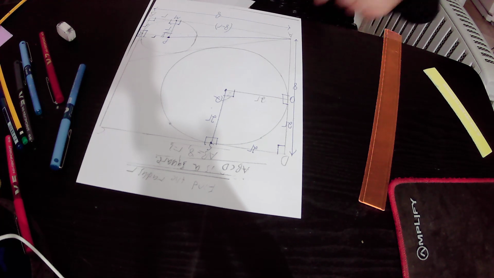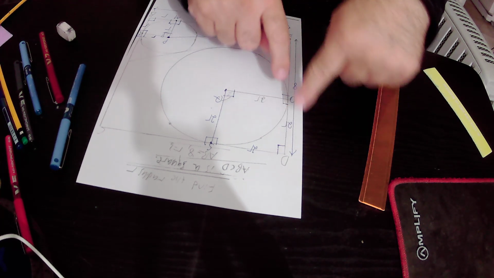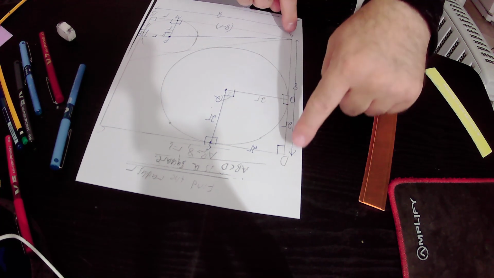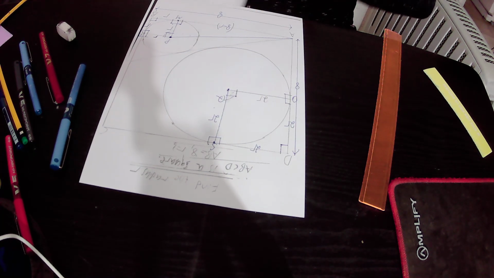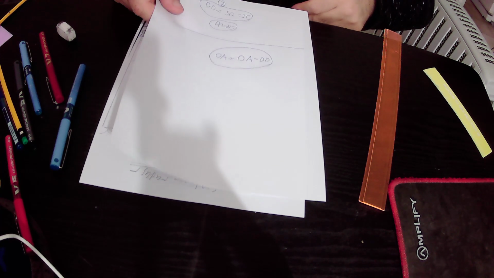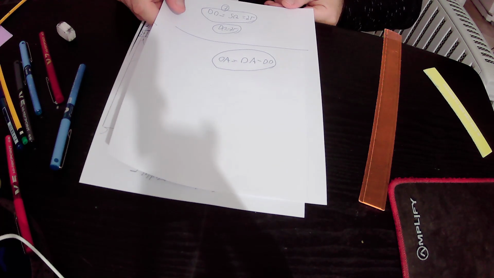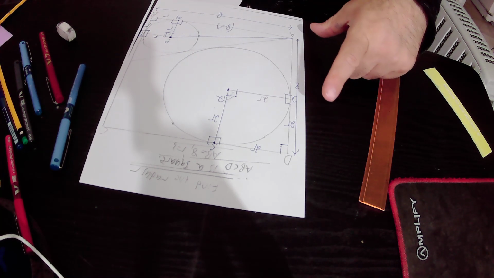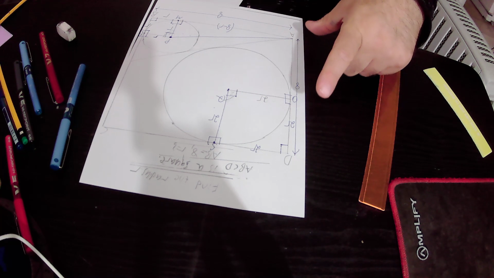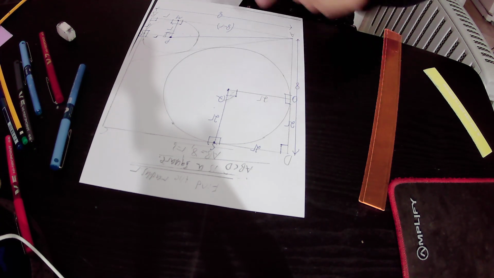OA equals DA minus DO. DA equals 8 units and DO equals 2R.